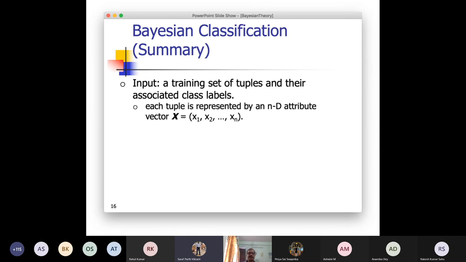So what is Bayesian classification? That's a summary of my discussion. As you see, in this case the input is a training set of tuples and their associated class labels.